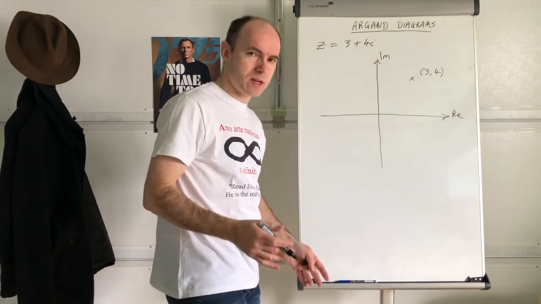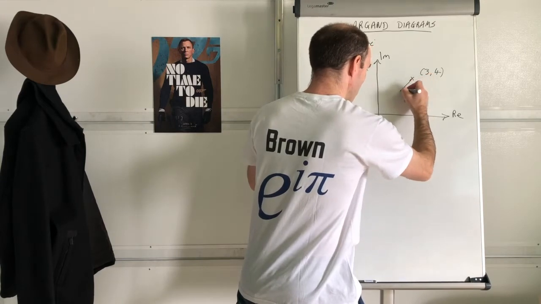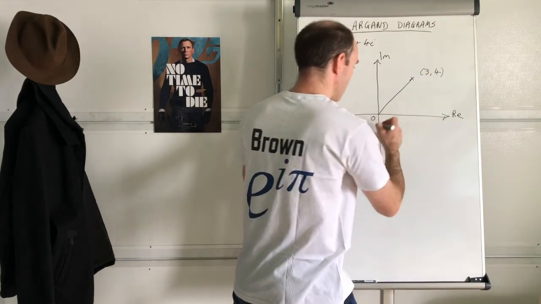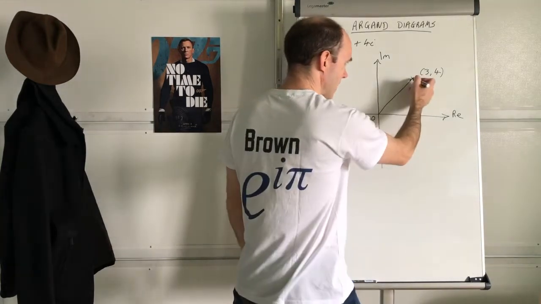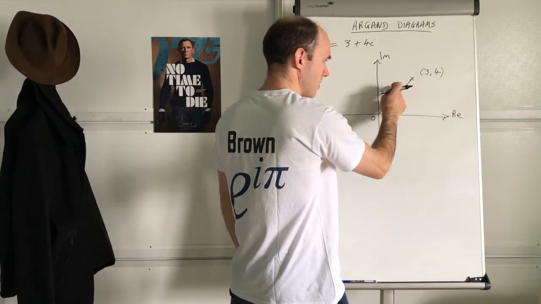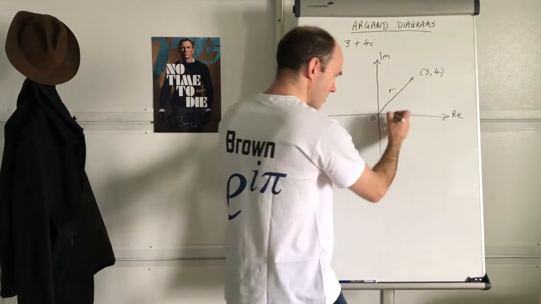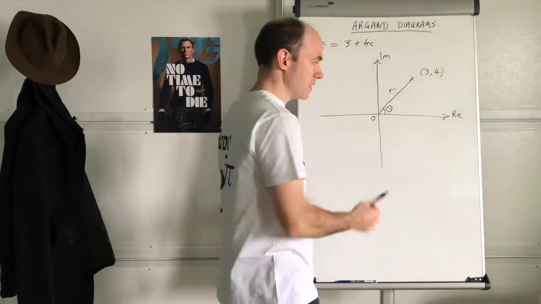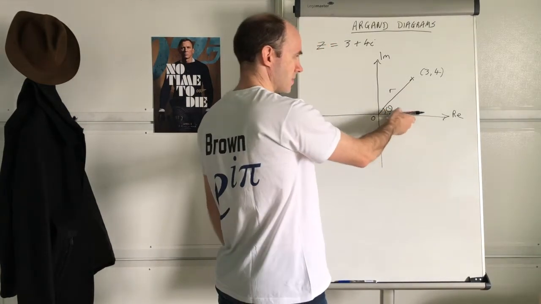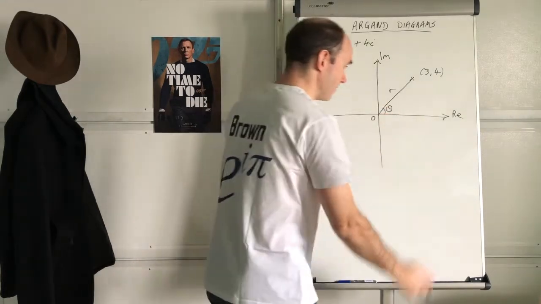What we're often interested in is the modulus and argument. Now if we draw this line segment as a vector, from here to here, we're interested in what the modulus of that is, often called r, and what the argument of that is. When we say argument, we mean the angle between the positive real axis and the vector we've drawn there, r and theta.